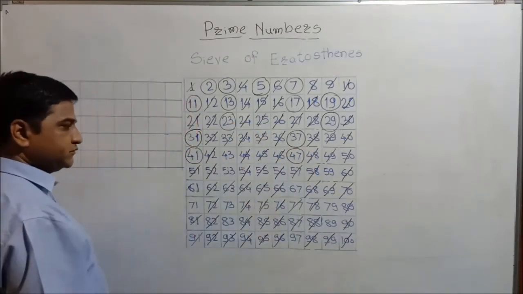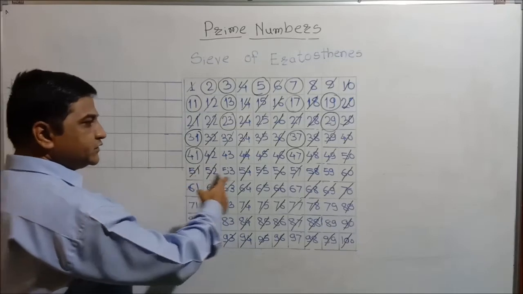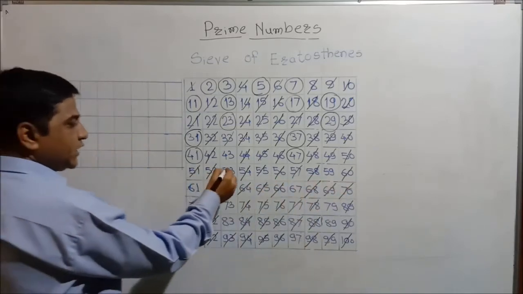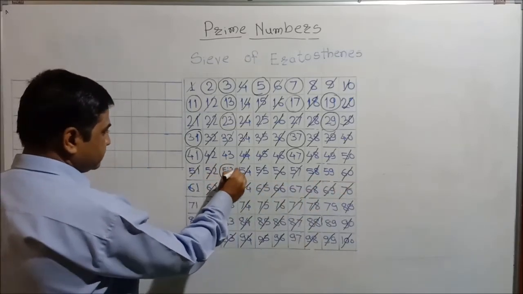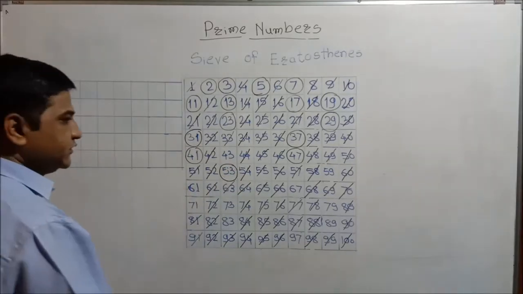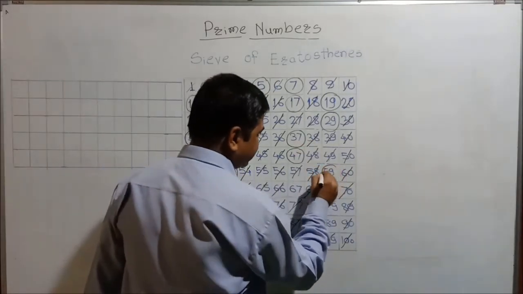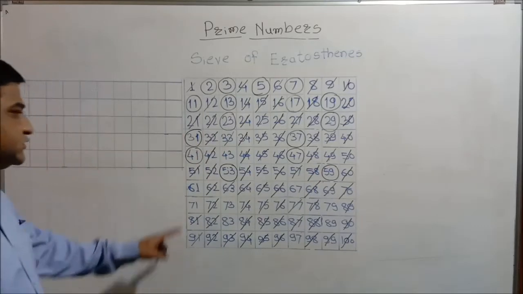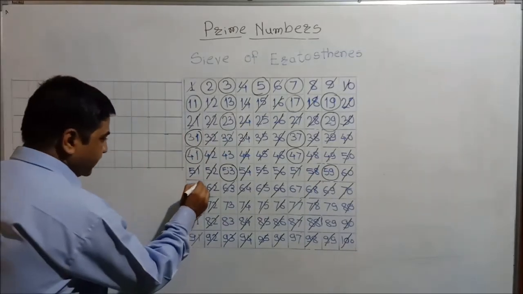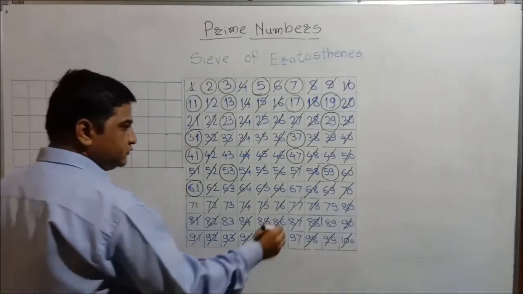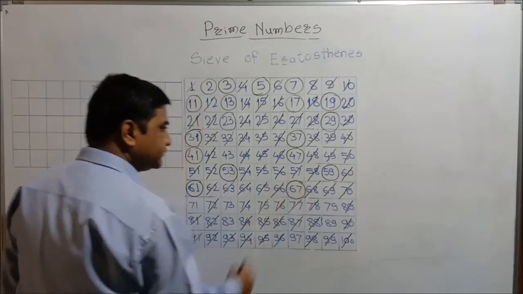They are also circled. Between 51 and 60, we have only one prime number at first, that is 53. Even we get a second one, 59. And next we have 61. Then 67.